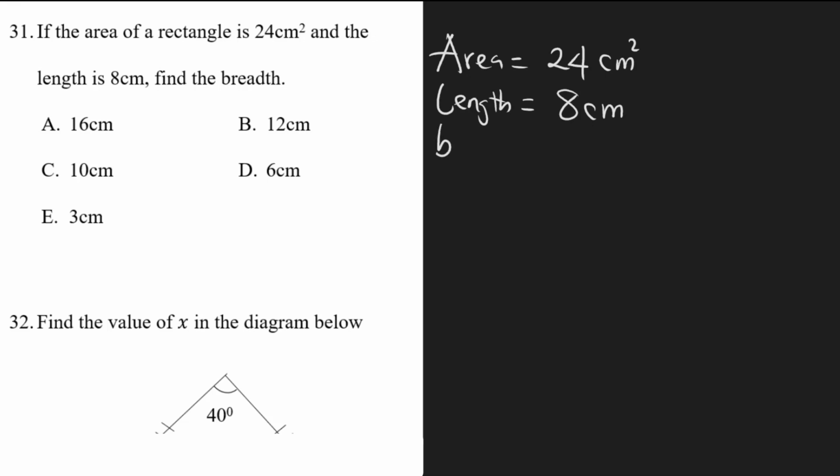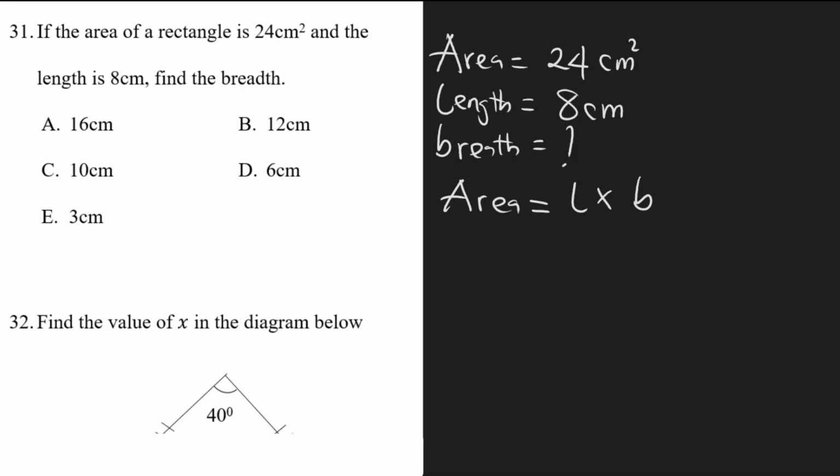We don't know the breadth, right? So what is the first thing to do? The first thing to do is to know the formula for calculating the area of a rectangle. And we know that the area of a rectangle is given by area is equal to length times breadth, right?